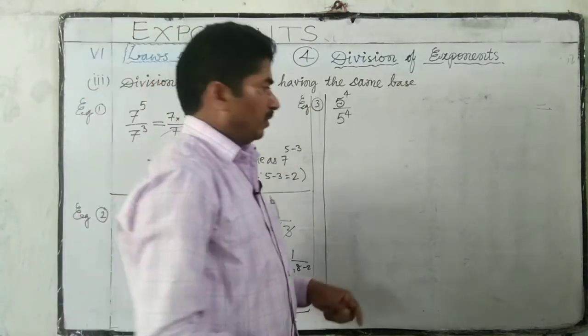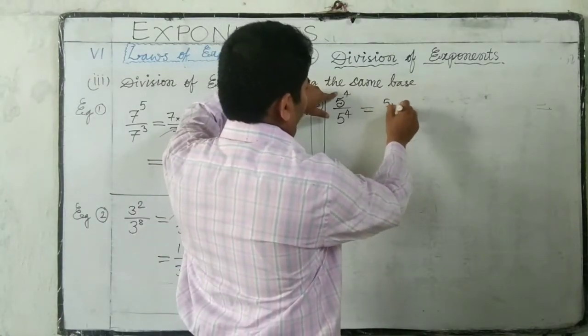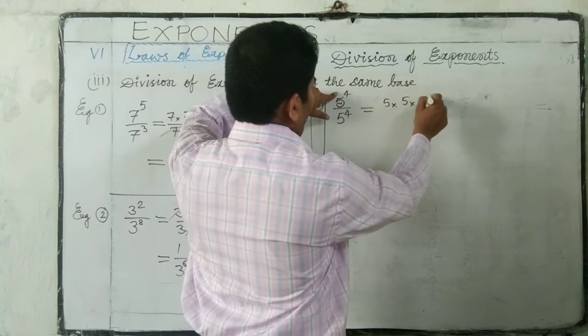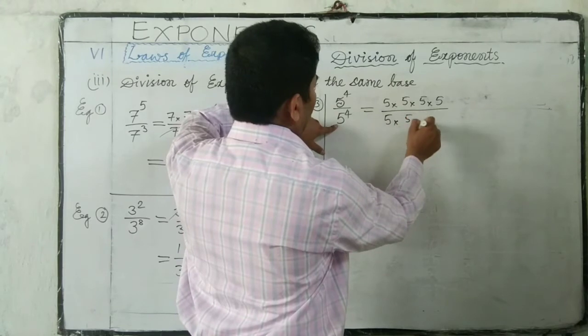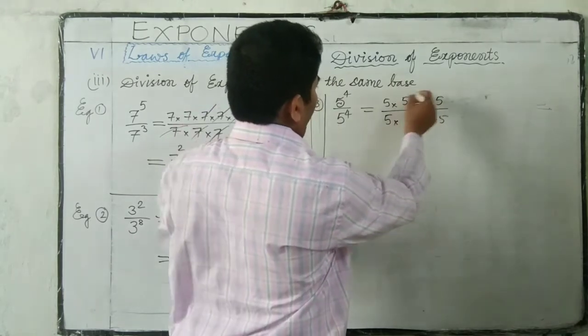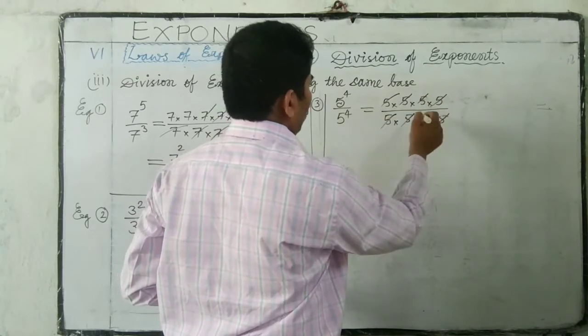Next, the third example, 5 to the power of 4 by 5 to the power of 4. 5 four times: 1, 2, 3, 4, and 1, 2, 3, 4.